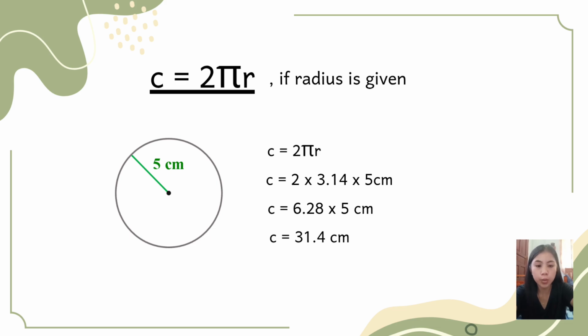We are going to multiply first the 2 and the 3.14. It equals 6.28 times 5 centimeters. So in total, circumference equals 31.4 centimeters if the radius is given.